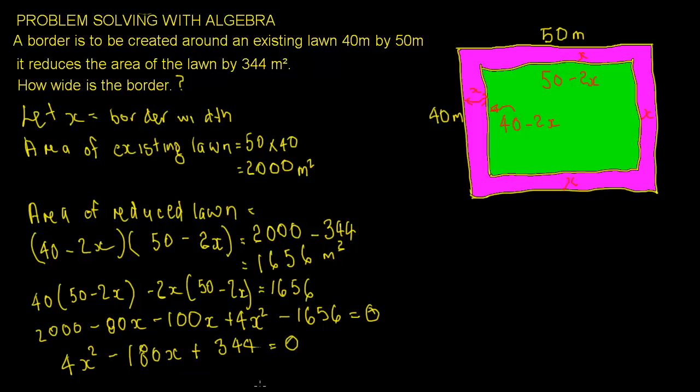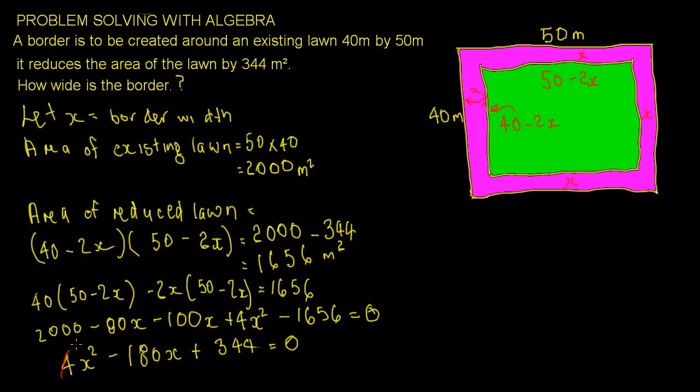Now what we can see here is that we've got this 4 here, so we're only looking for x. As long as we do the same thing to the whole equation, it won't matter. Now we can see that 4 goes into everything, so we'll just divide through by 4.